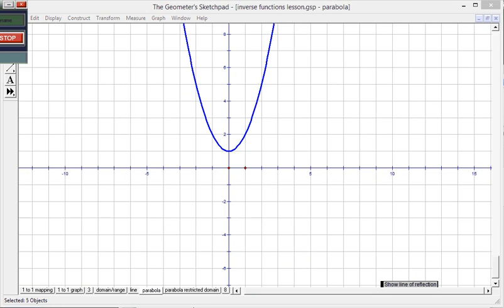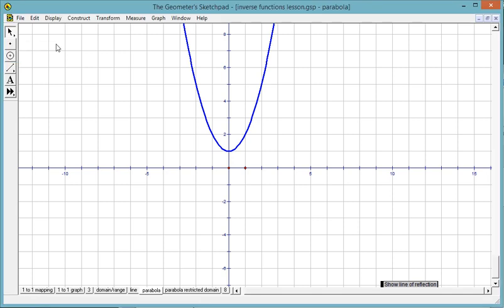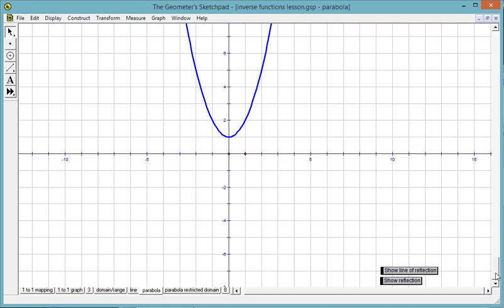So, our parabola, our square function that we use so often, is not one-to-one. Does that mean we're not going to talk about it? No, it doesn't. We can make it one-to-one by restricting the domain.